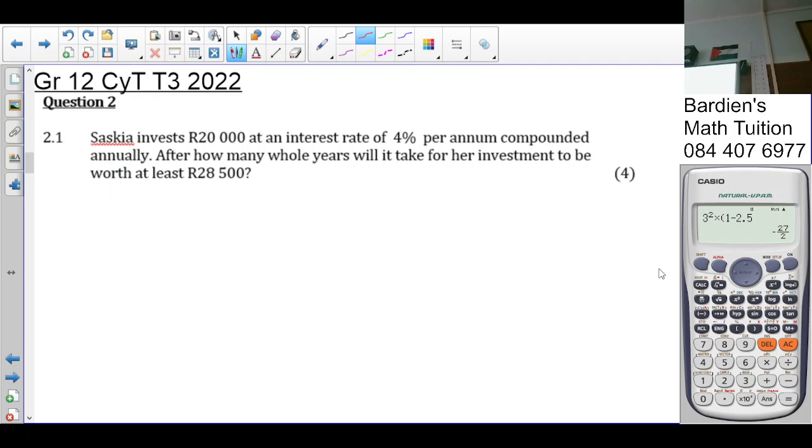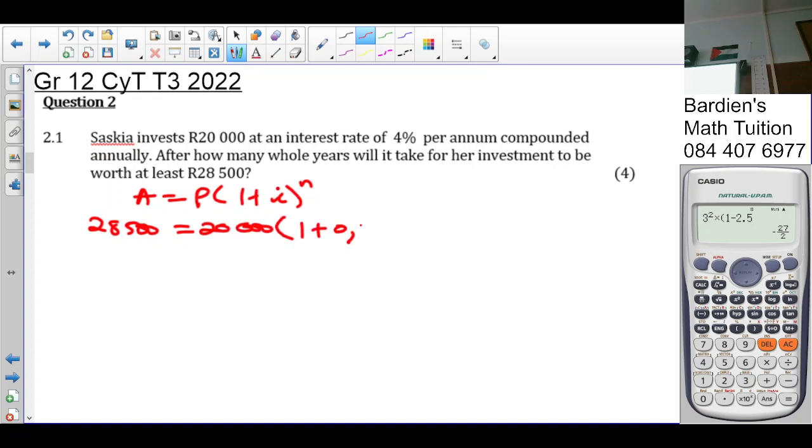No. It's a straight investment. So A is equal to P into 1 plus i, the exponent n. Ending off with 28,500 equals the principal or initial investment, 20,000, into 1 plus 4%, so 0.04, to the exponent n. So we are in pursuit of calculating n. Did you see that?